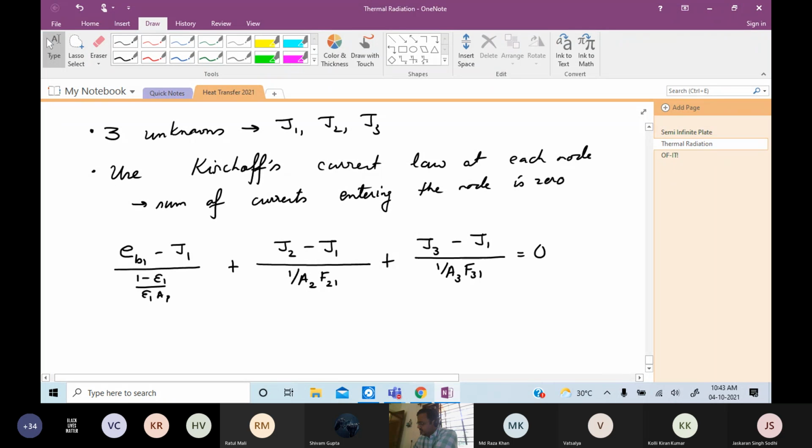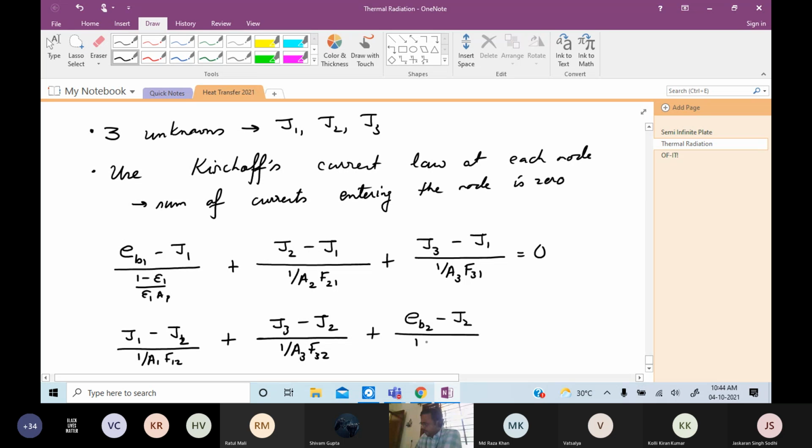Right? Okay, write it for node 2: J1 minus J2 over 1 over A1 F12, plus J3 minus J2 over 1 over A2 F23, plus EB2 minus J2 over 1 minus epsilon 2 divided by epsilon 2 A2, equals 0.